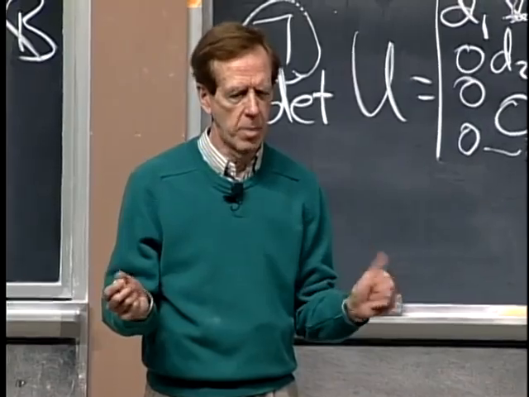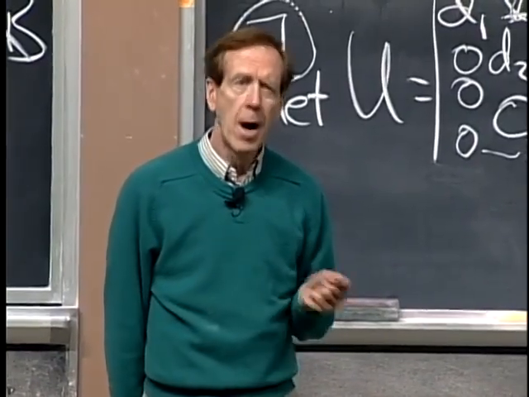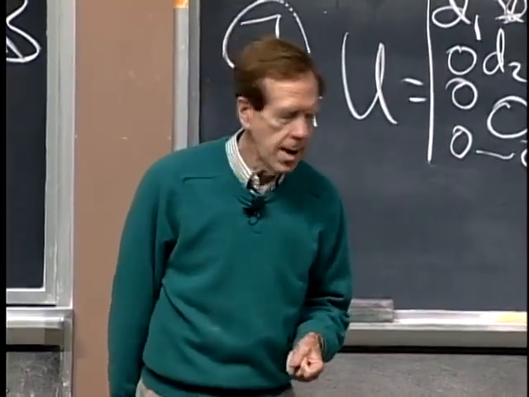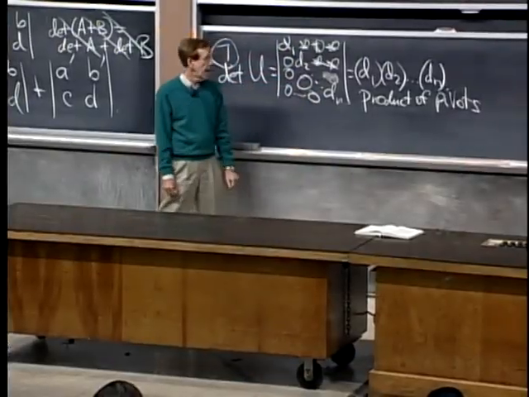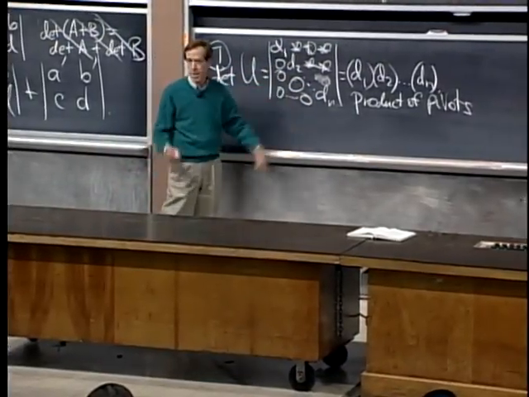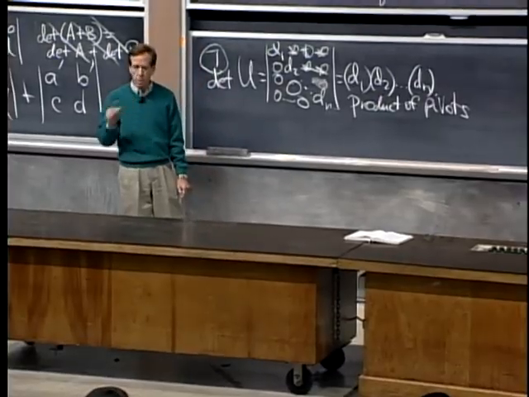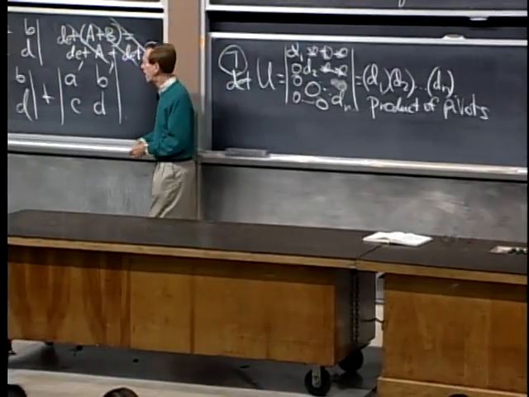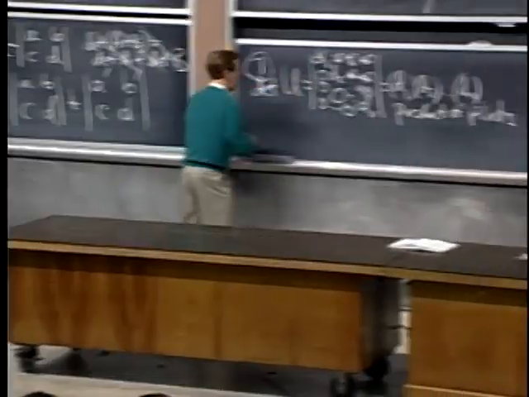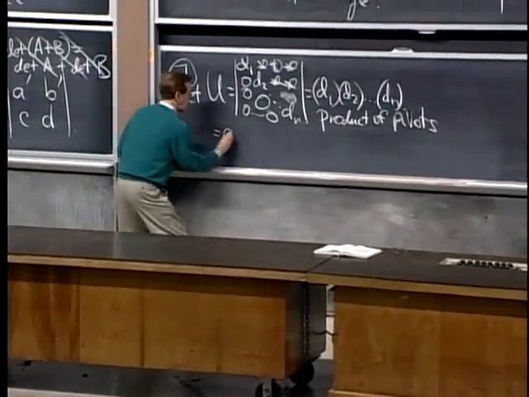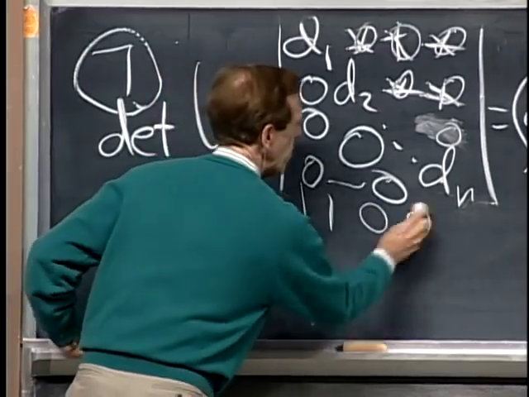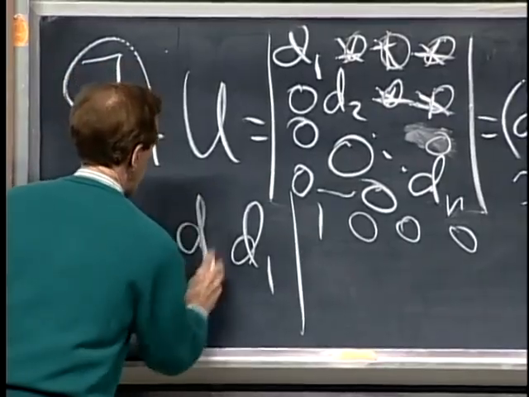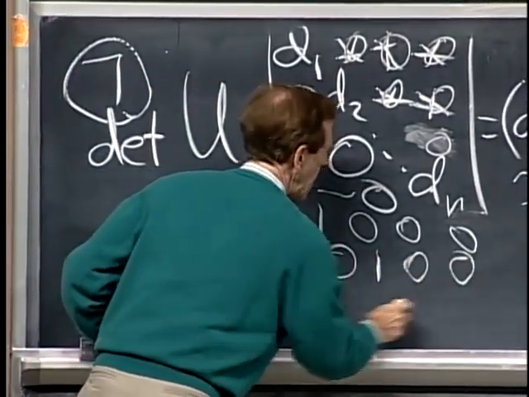I mean, we sure hope it is, but why? I have to go back to properties 1, 2, 3. Now that the matrix is suddenly diagonal, how do I know that the determinant is just the product of those diagonal entries? Well, what am I going to use? I'm going to use property 3a, is that right? I'll factor d1 out and have 1, and the first row will be that. And then I'll factor out the d2. And the second row will look like that, and so on.